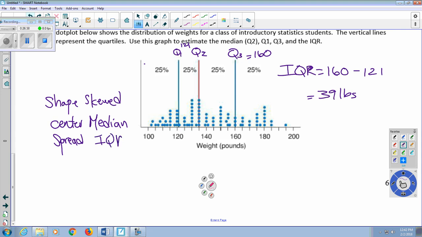So remember, your technology will produce a median or a mean, standard deviation or IQR for any data set. It's up to you to check the shape and choose the right measure of center and spread to report.